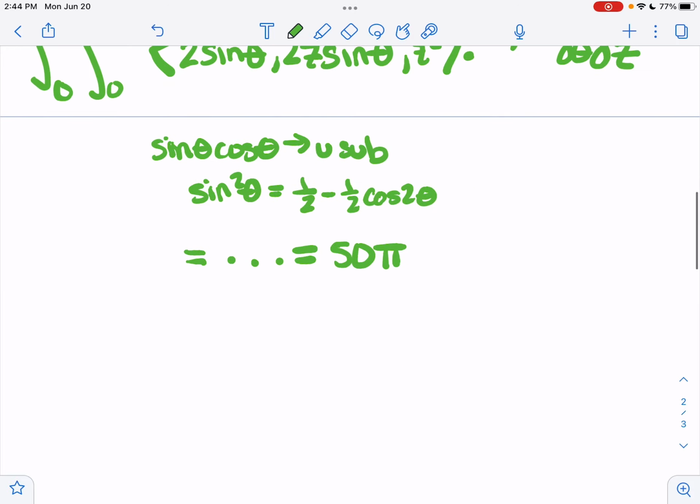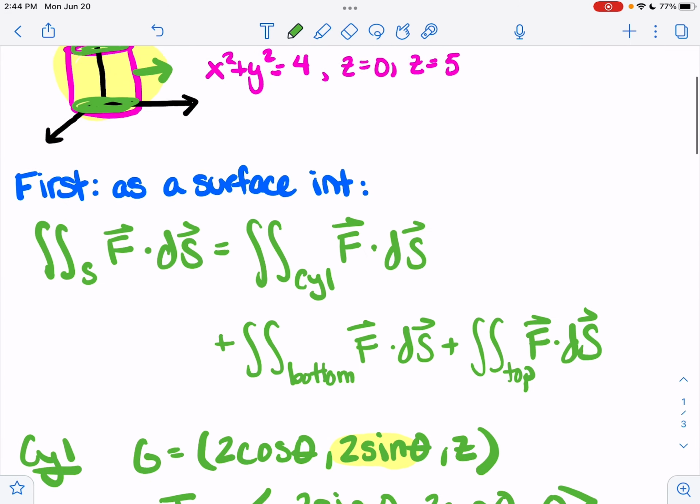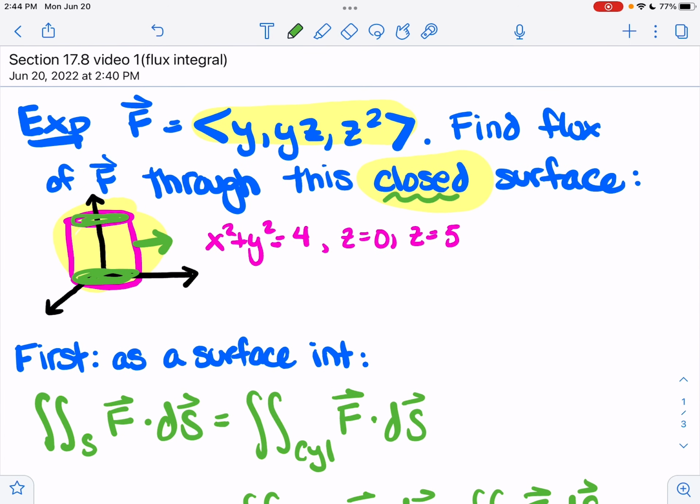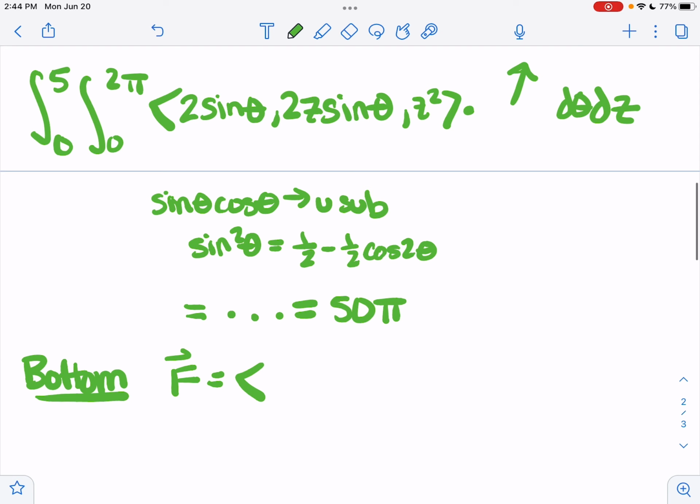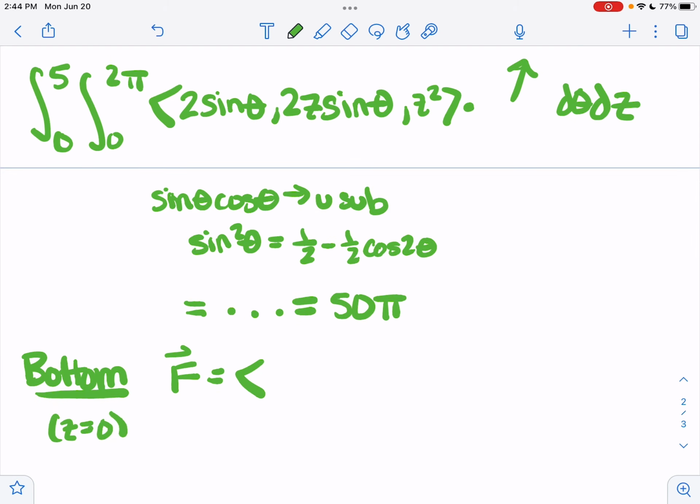We also have to find the flux out the bottom of the surface, the bottom of this can or cylinder surface. On the bottom, F, remember, is y comma yz comma z squared. On the bottom, z equals 0, so it's y comma 0 comma 0 for the vector field.